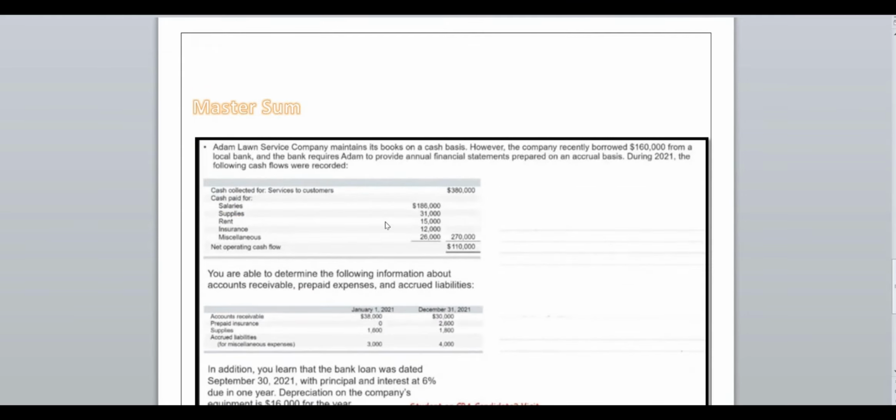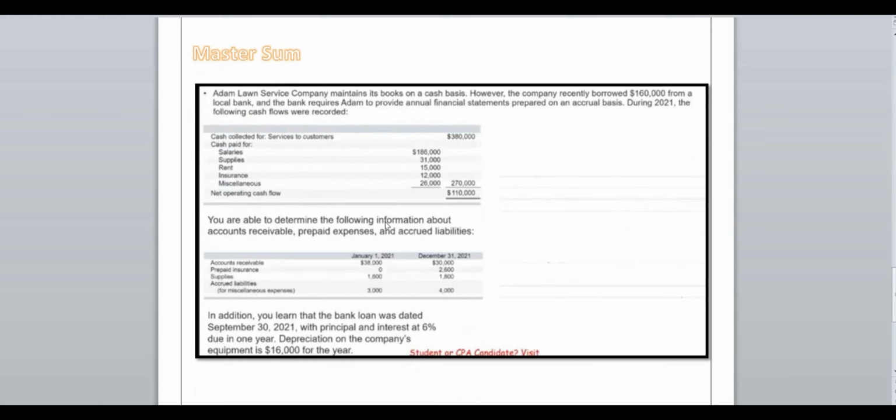Now moving on to the master sum. The master sum says that Adam Loan Service Company maintains its books on a cash basis. So the books are maintained on a cash basis. We need to move it to accrual basis. However, the company recently borrowed 1,60,000 from a local bank and the bank requires Adam to provide annual financial statements prepared on an accrual basis.